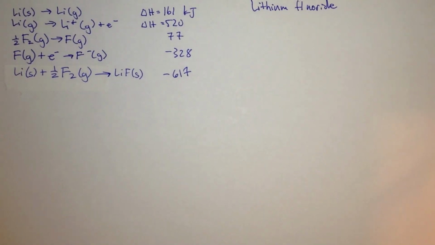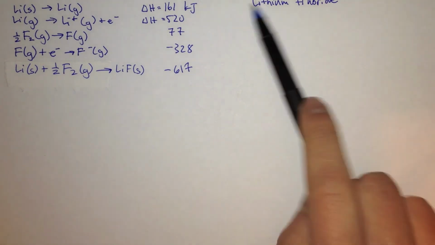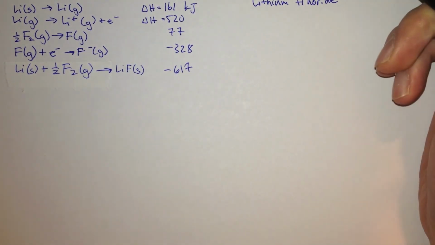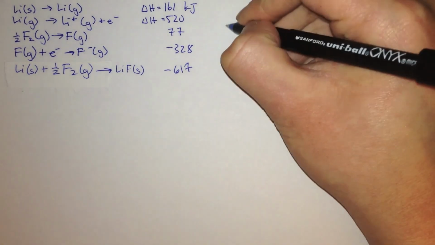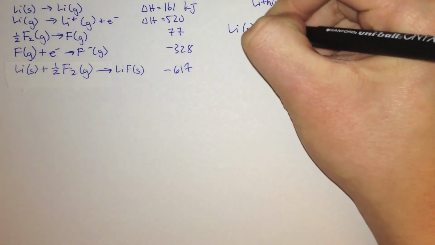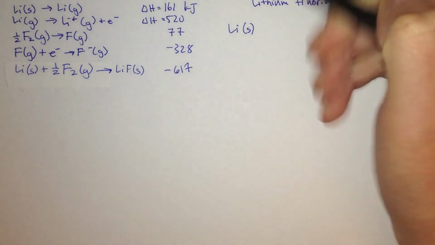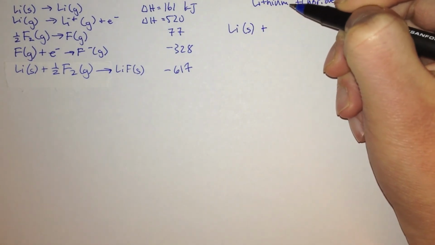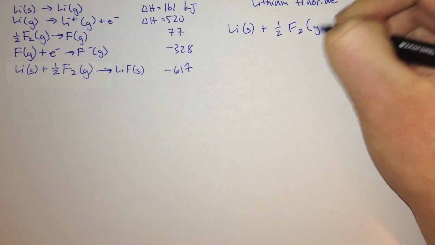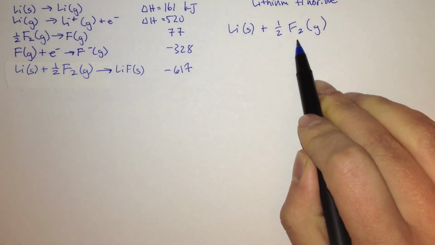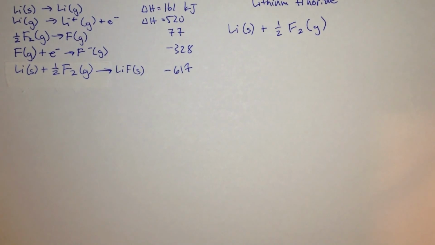Let's take a look at a different problem. Another reaction that we can look at is the formation of lithium fluoride. So let's write an equation for this reaction. Lithium comes to us at room temperature as a solid, and we add some fluorine gas, and it's F2 because fluorine is a diatomic, which means that it can bond with itself.